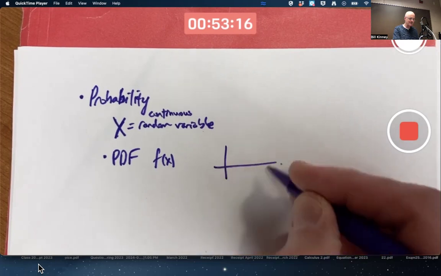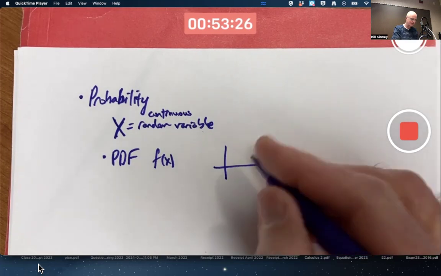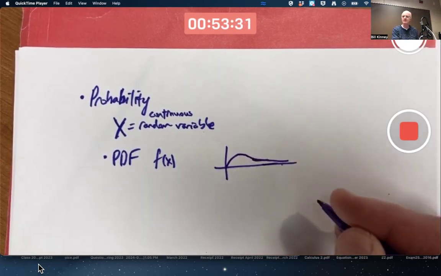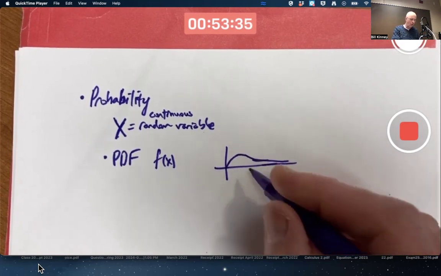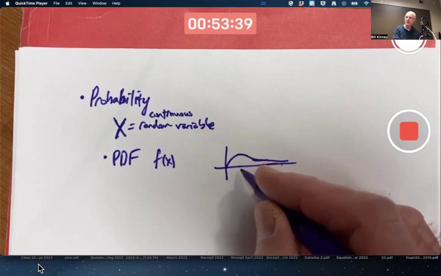It's some function that could be defined for all x like a normal curve, though most of the examples we did were not that way. Maybe here's a general one, maybe like this. I think we had one example like this. Where the density function is higher, the probability accumulates at a faster rate, you might say.